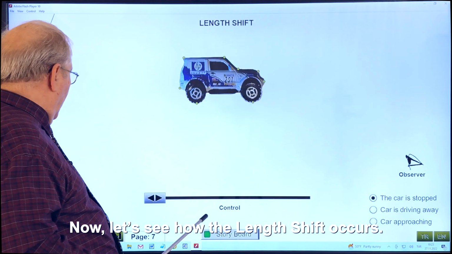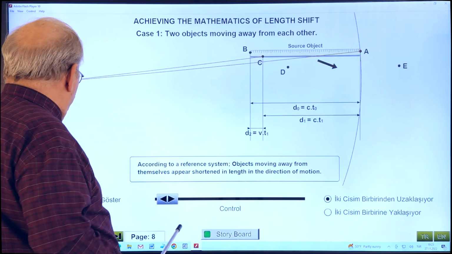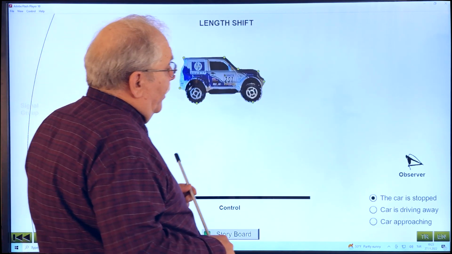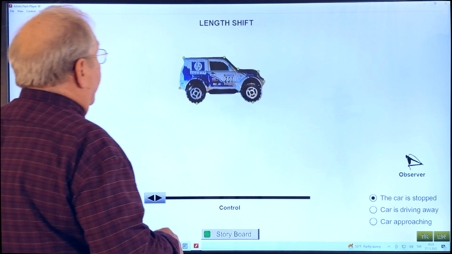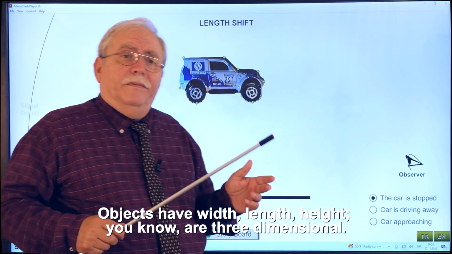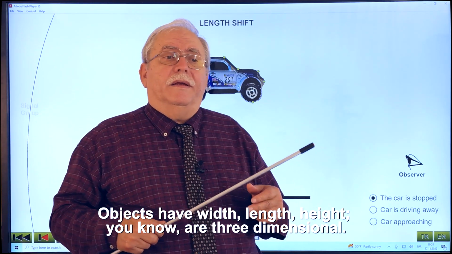Now, let's see how the length shift occurs. Objects have width, length, height, are three-dimensional.